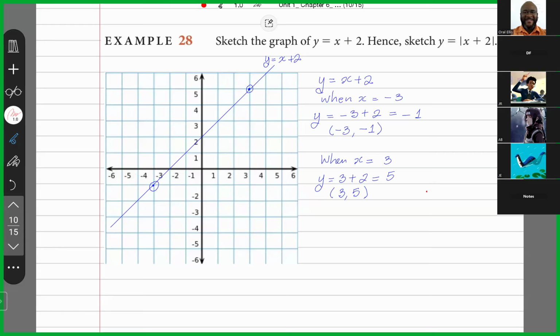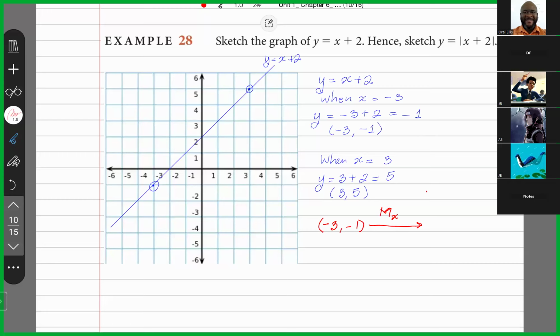Now, the one point I know that is below the x-axis is the point minus 3, minus 1. That point is below the x-axis, and I need to reflect it in the x-axis.